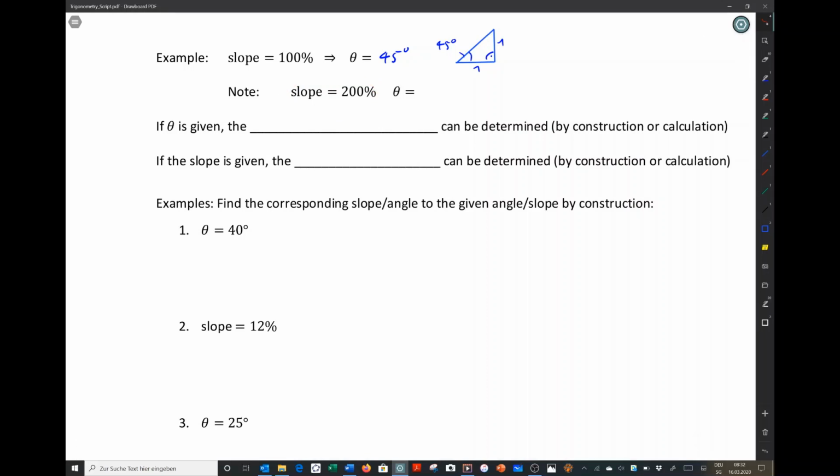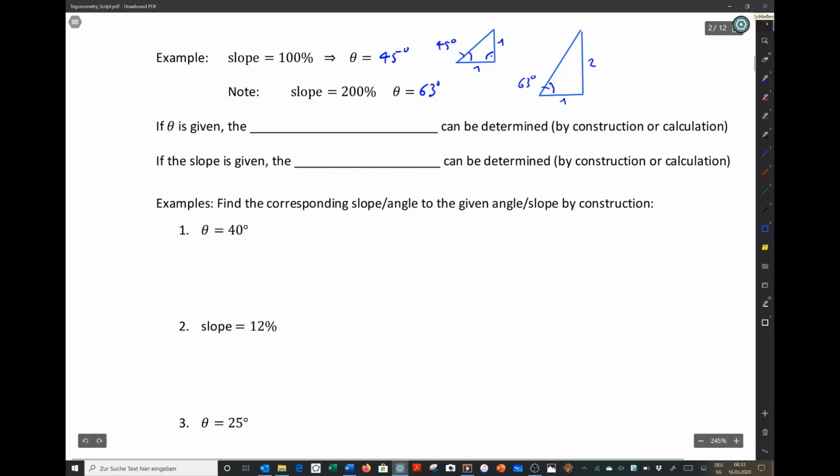Okay, the angle is not 90 degrees as you might have thought. Instead, we get an angle of approximately 63 degrees. Well, 1 unit to the right and then 2 units up. That means a slope of 200%, 2 to 1.